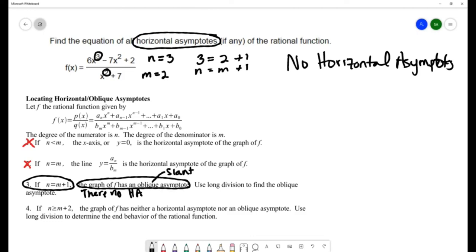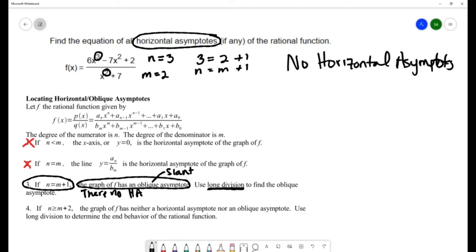You can find the slant or oblique asymptote using long division. That is not necessary for this particular problem, but I'm going to go ahead and do the long division just for informational purposes.